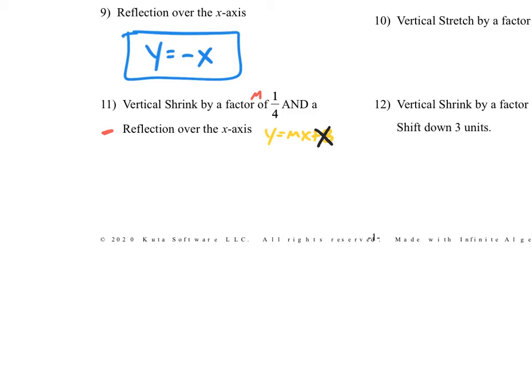A b value, right? It doesn't say about shifting it up or down. So I know it's just going to be y is equal to whatever happens to my m with an x. So y equals, well, I know it's got to be a reflection, so it's going to be a negative. The vertical shrink is by a factor of 1/4, and then I've got an x with it.